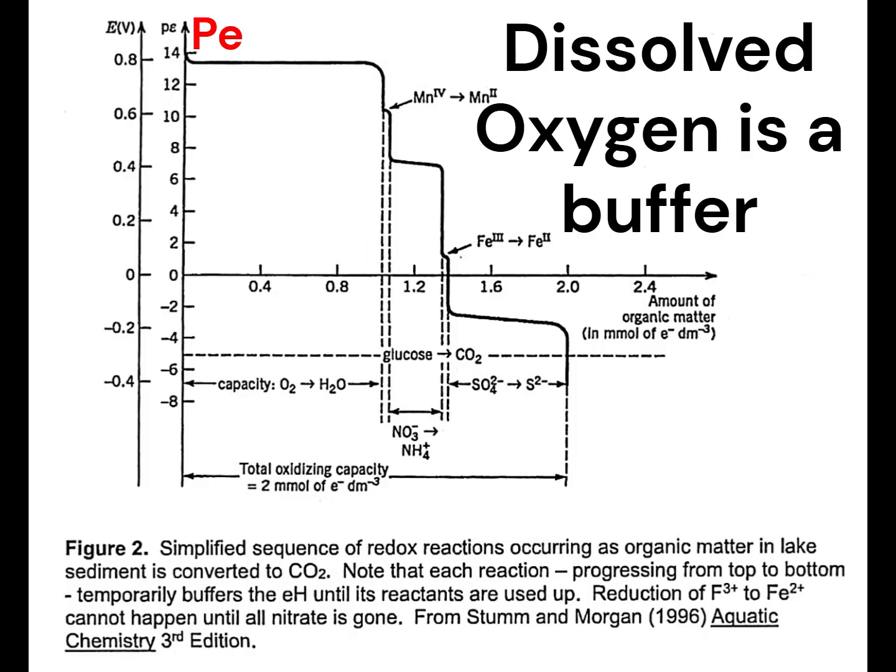Any dissolved oxygen at all, whether it's in contact with the atmosphere, you'll be at about 10 parts per million. If you have 0.1, you still have dissolved oxygen. You are still up here because it's a buffer.